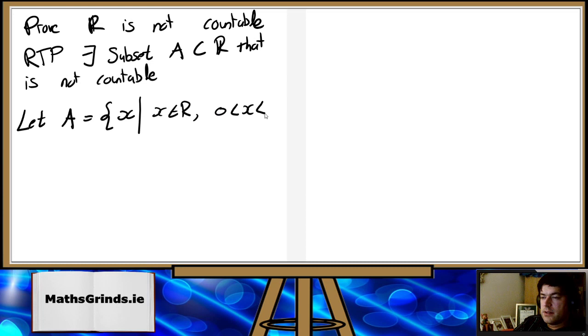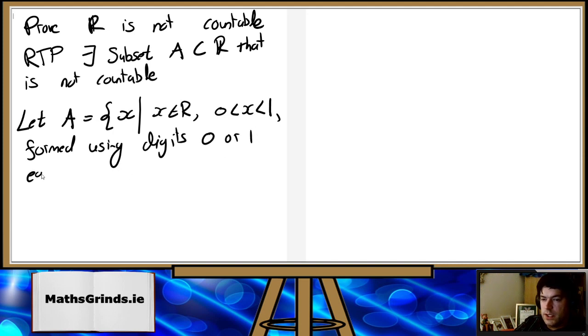It's between 0 and 1, and it's formed using digits 0 or 1, for example 0.111011, whatever, in base 10.